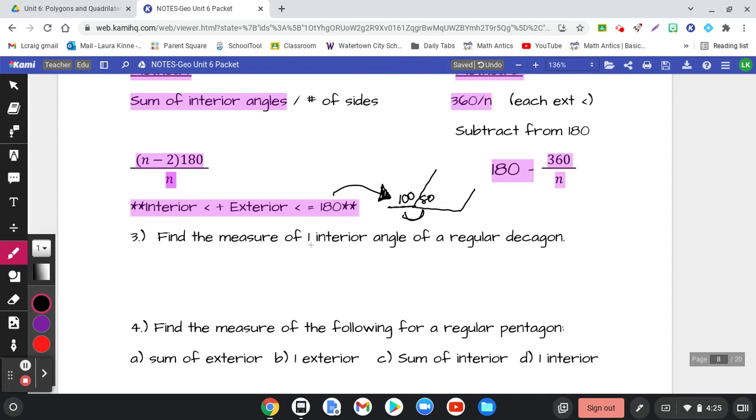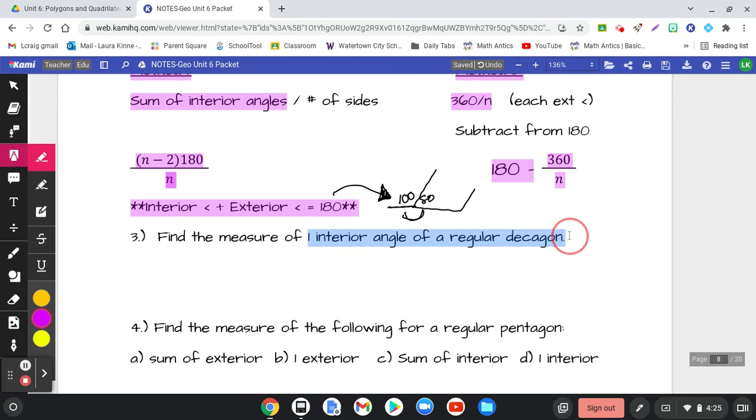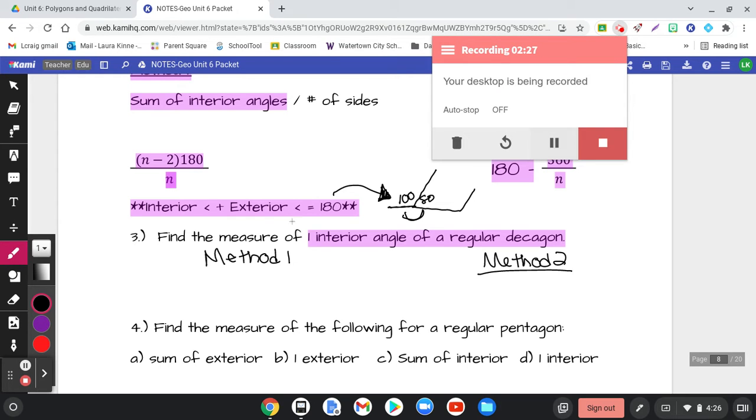So if I want to find the measure of one interior angle of a regular decagon, we'll look at both ways. Method 1, if you want to figure out one angle of a decagon, that's 10 sides, figure out what they all add up to first. So we do 10 minus 2 times 180.